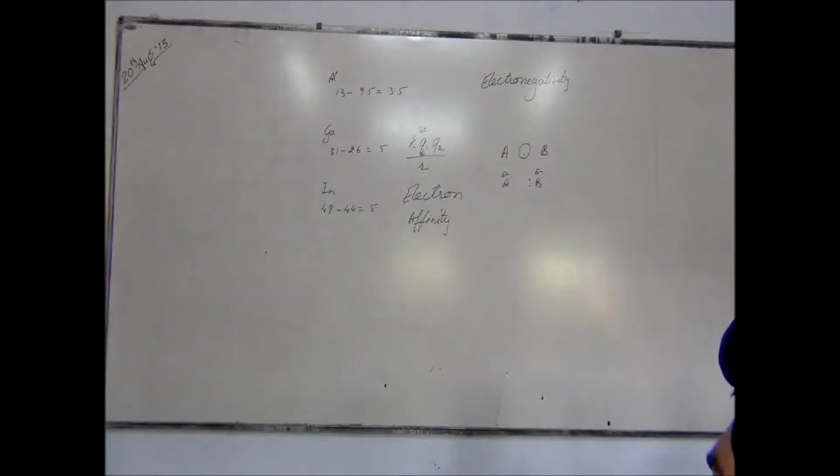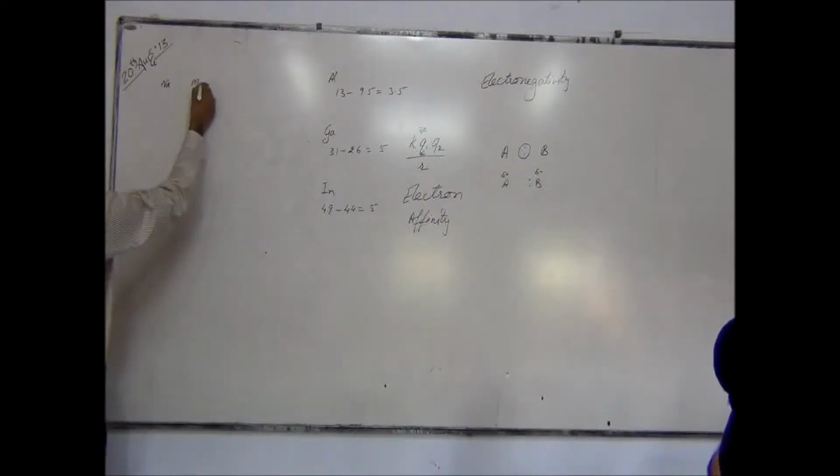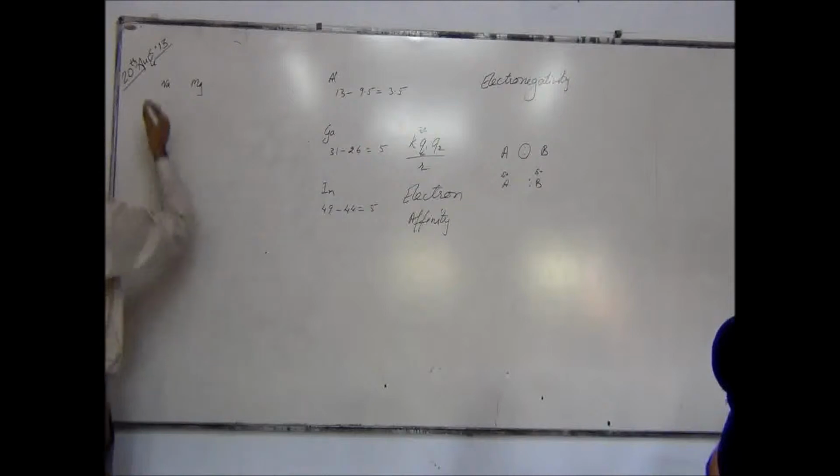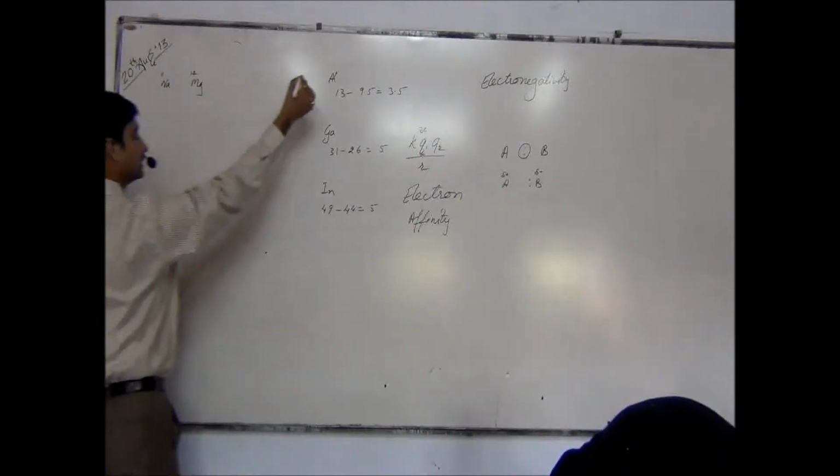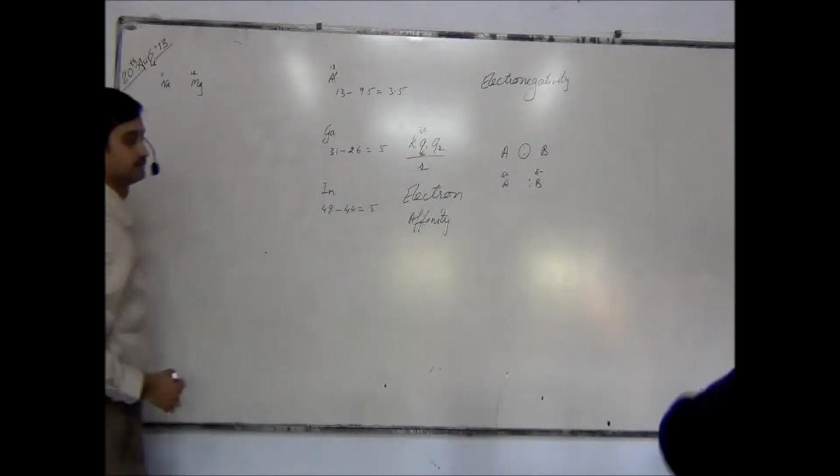Let's talk about the periodic table till this point. When we talk about aluminium, here we have sodium, then magnesium, and then aluminium. Sodium has an atomic number of 11, magnesium has 12, and aluminium has 13.